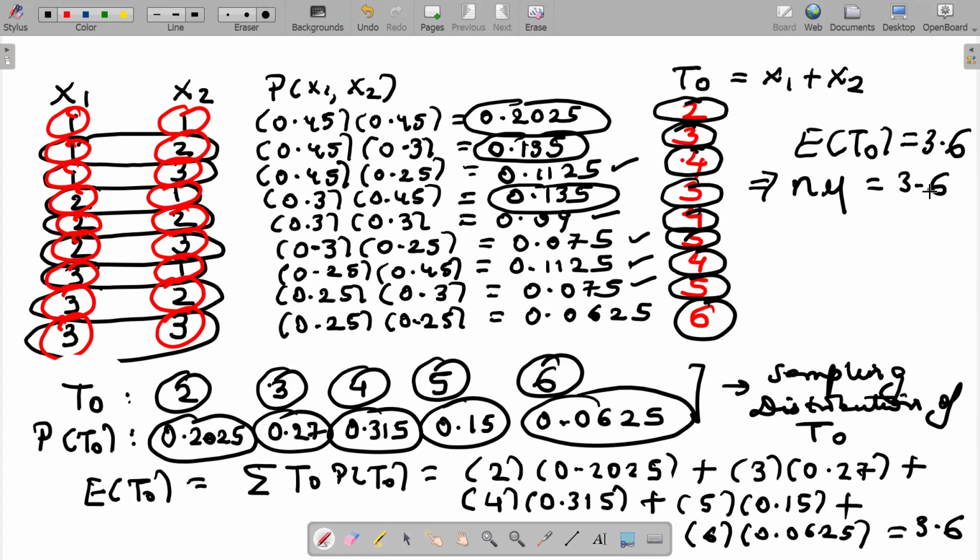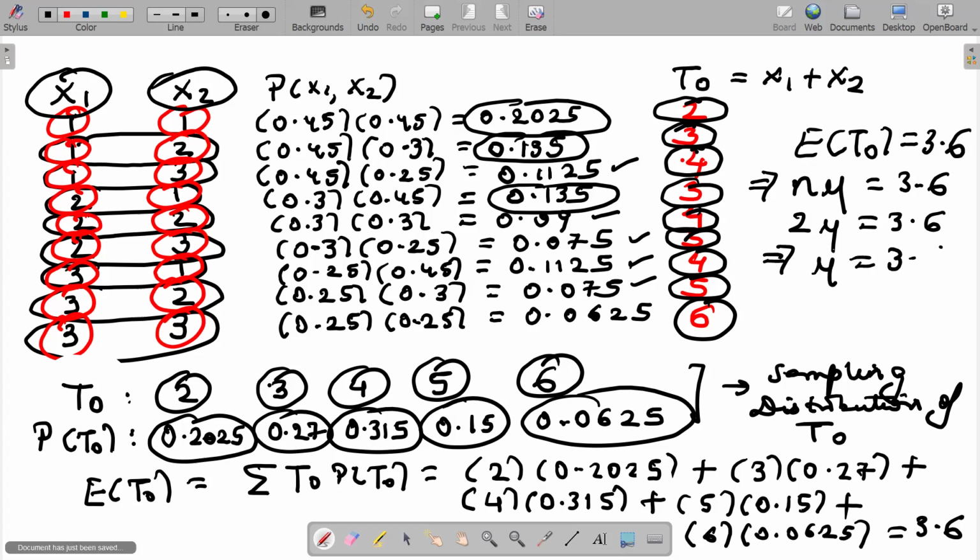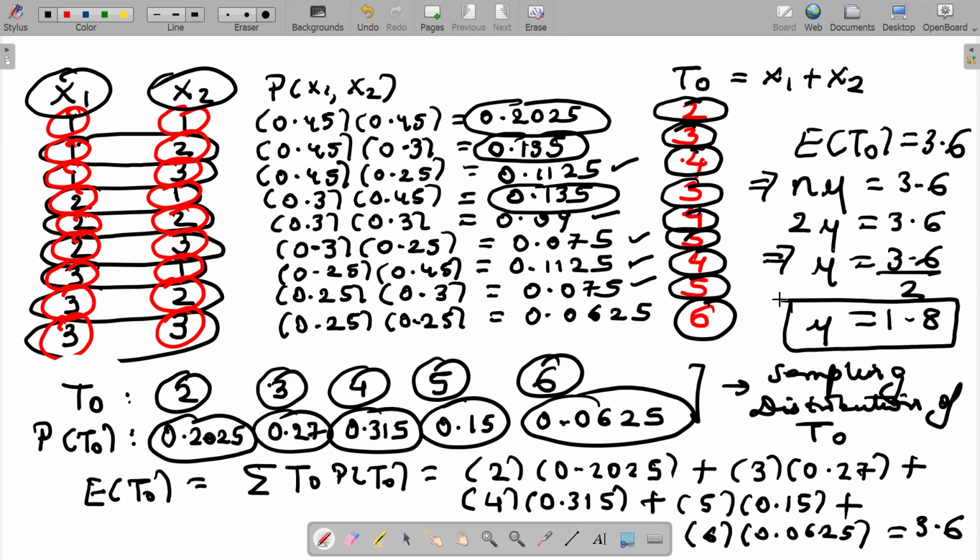N here clearly students can see is simply 2 because you have only 2. Sample size is 2. So 2 mu is equal to 3.6. So I can say that mu comes out as 3.6 over 2, which is 1.8. Mu is 1.8.